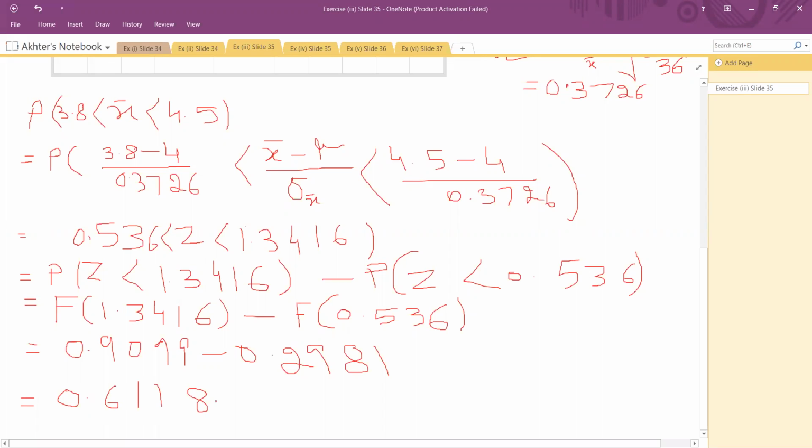So we can say that between 3.8 and 4.5, 61.18 percent of the observations lie within these two numbers.